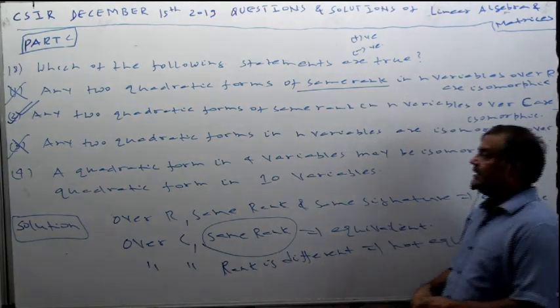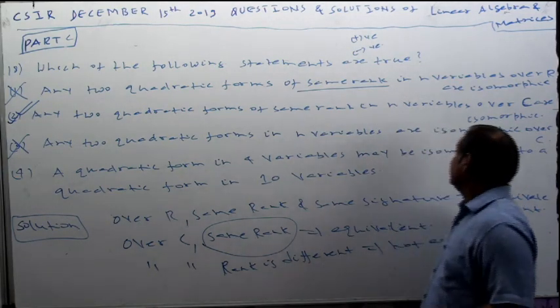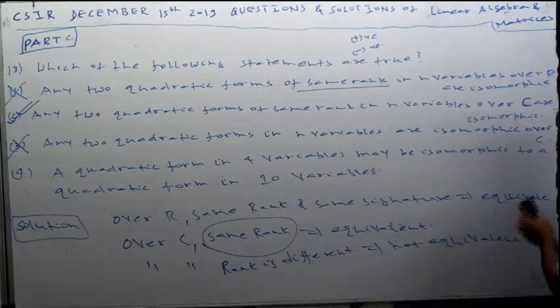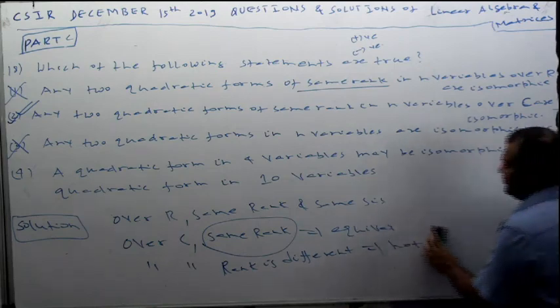Next, any quadratic form in 4 variables may be isomorphic to a quadratic form in 10 variables. No trouble.